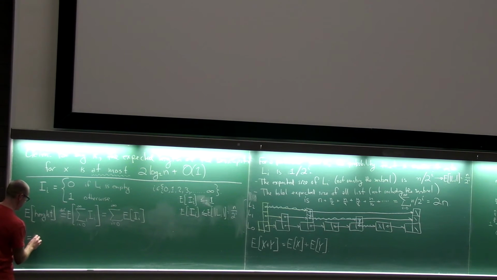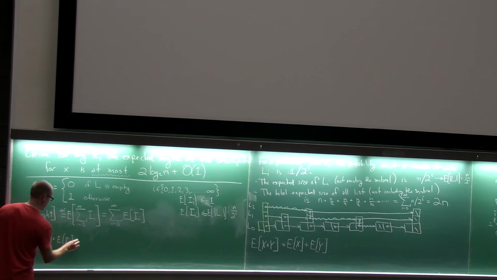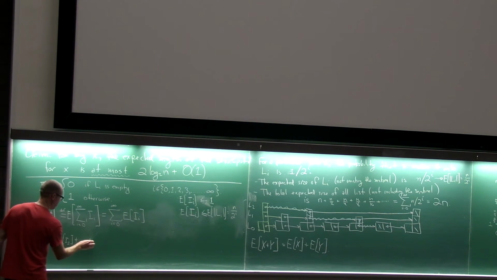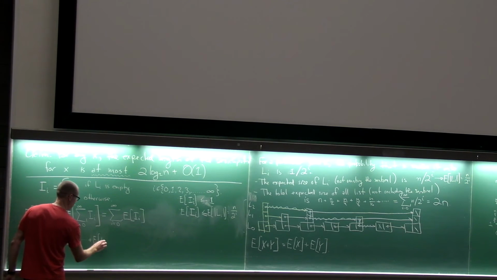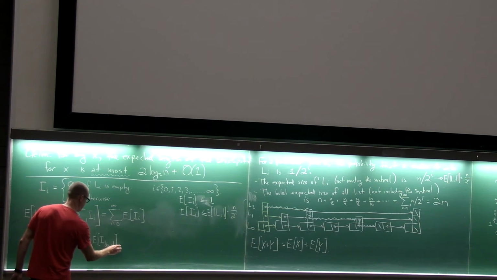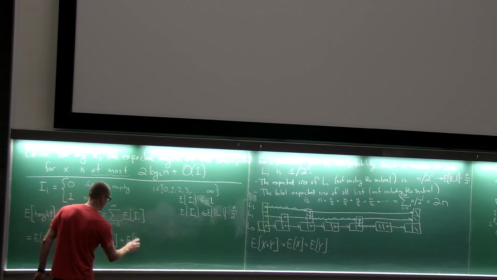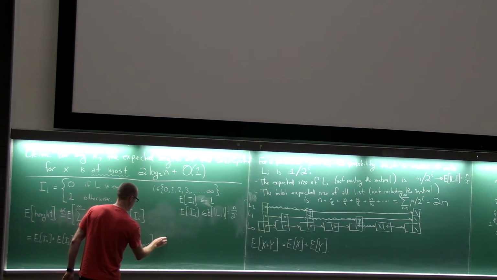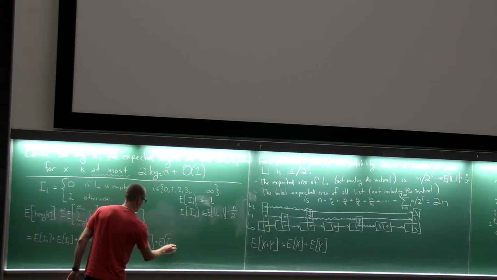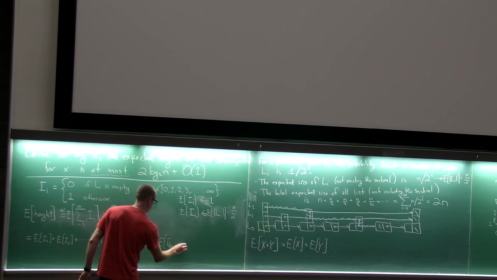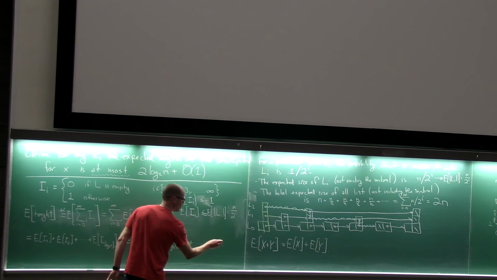So this is expected value of I0 plus the expected value of I1 plus the expected value of I2, and so on, plus the expected value of I sub log base 2 of n, plus the expected value of I sub log base 2 of n plus 1, plus the expected value of I sub log base 2 of n plus 2, and so on, off to infinity.